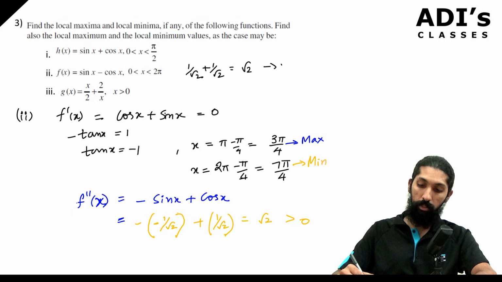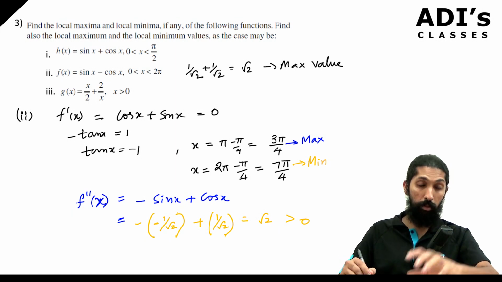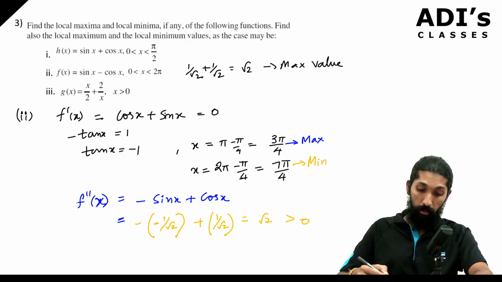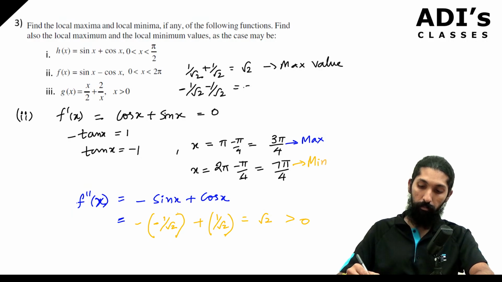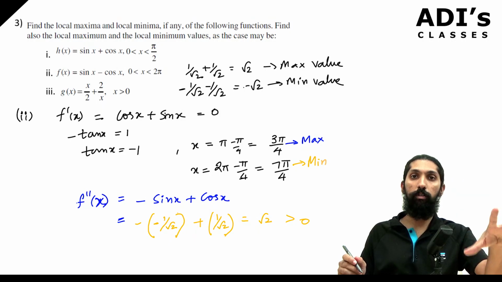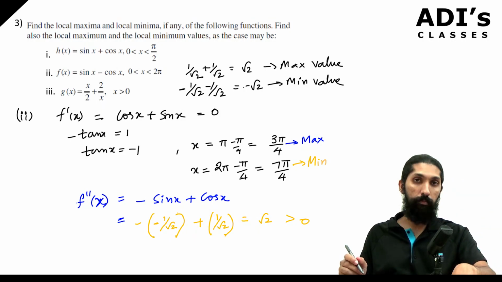So root 2 is the maximum value, not local maxima, but maximum value. The next one, the minimum, is going to be minus 1 by root 2 minus 1 by root 2, minus root 2. This is for 7π/4, correct? So we got the maximum value and minimum value.